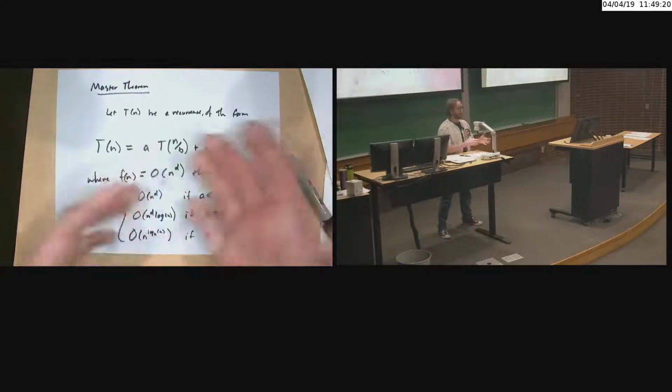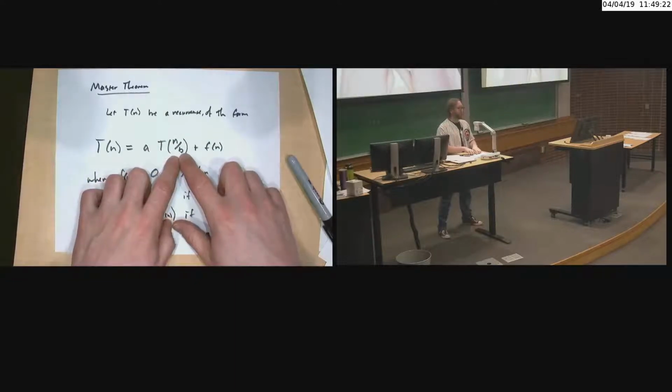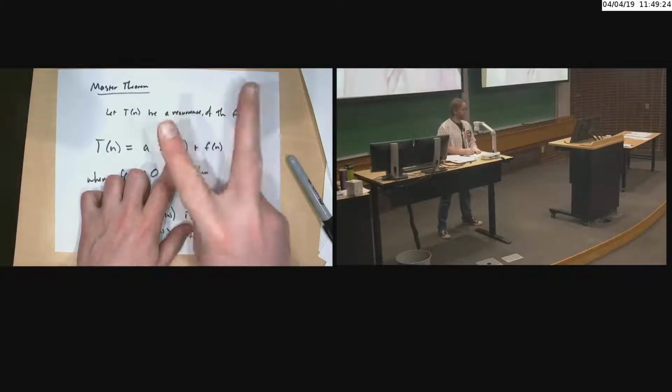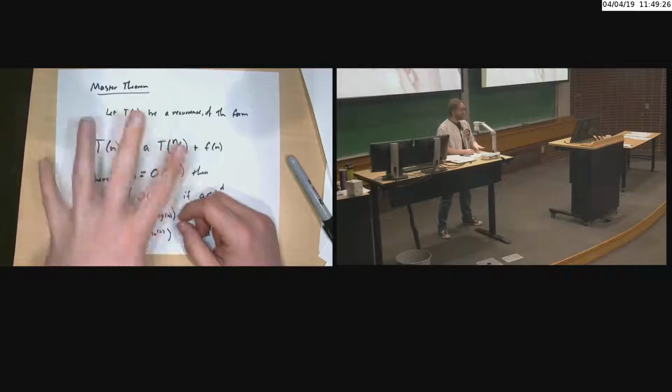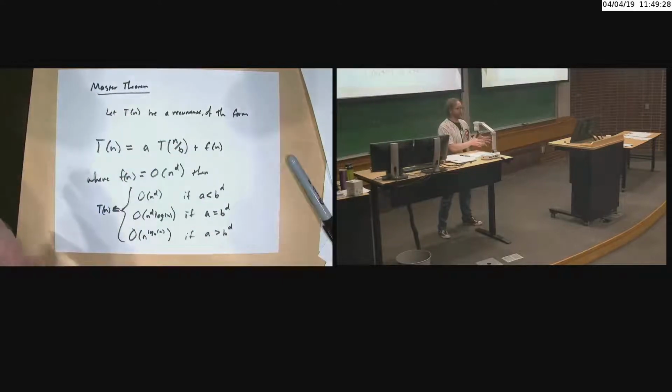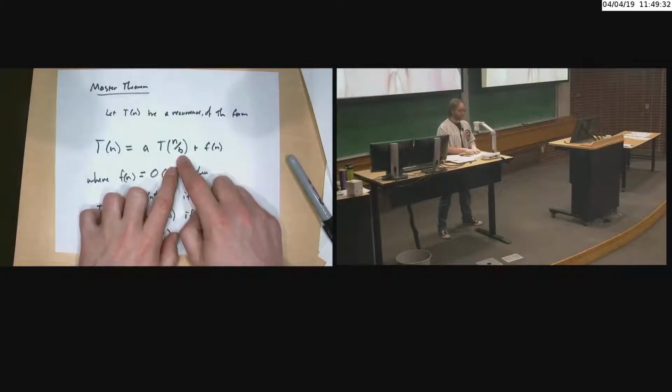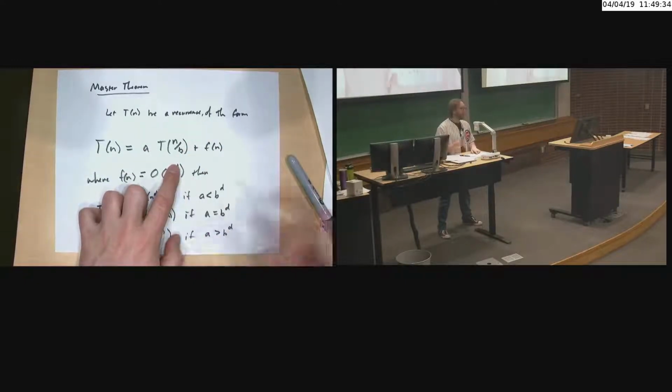If you cut it down to 1/3, then b would be 3. If you're cutting it in 1/2, then b is 2. If you only take 1/4 of the input and then make a bunch of recursive calls, then b would be 4. But it has to be cut down by a certain ratio every single time. You can't just take 5 off of it. N minus 5 would be a different recurrence relation, and the Master Theorem wouldn't apply.